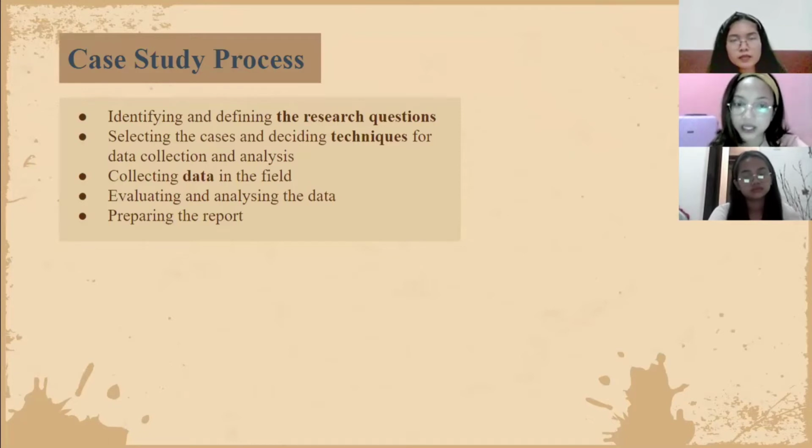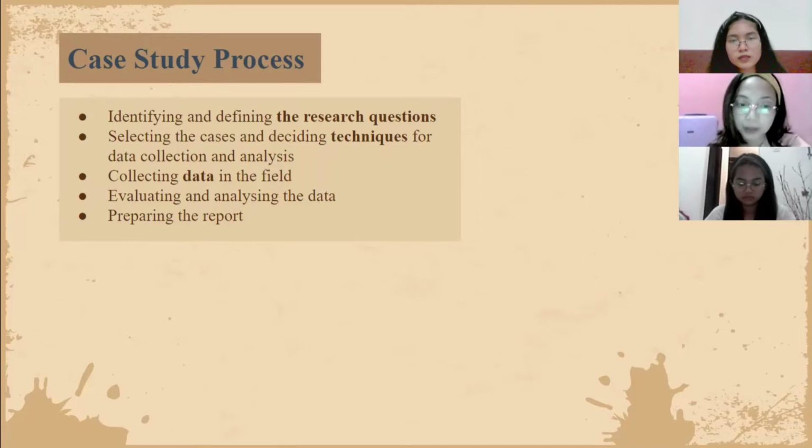In an intrinsic case study, the case is selected not because it is representative of other cases, but because of its uniqueness, which is of genuine interest to the researchers.